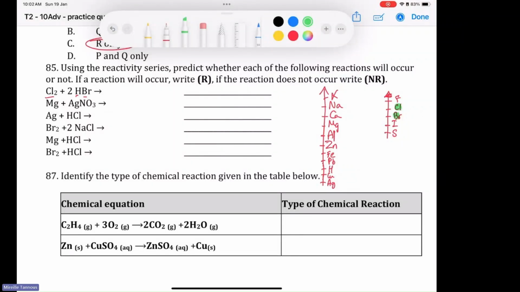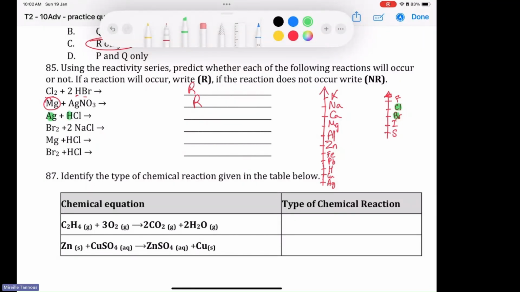Okay, so this one, or Mg and Ag, magnesium and silver. Yes, there is a reaction. If the element standing alone is higher, then yes, there is a reaction. If the element standing alone is lower, then no, there is no reaction.